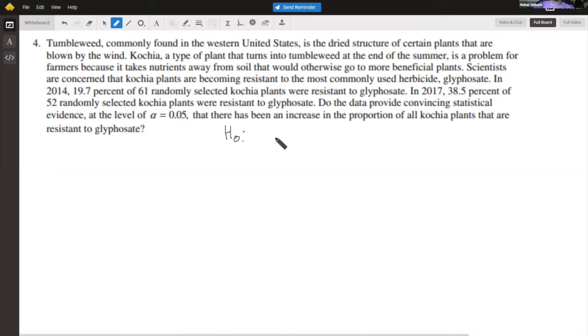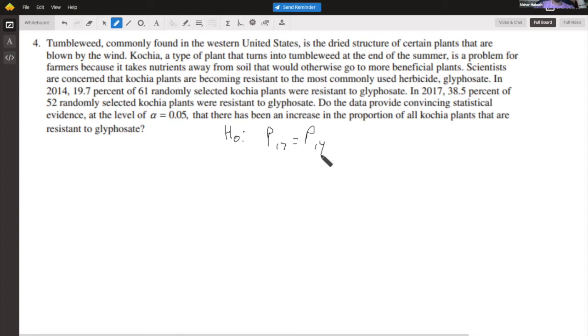So you're going to have hypothesis tests for only two different things, means and proportions. We're not doing the other ones, no chi-squared or whatever. So we wanted the proportions equal. Proportion of 2017 equals the proportion of 2014.